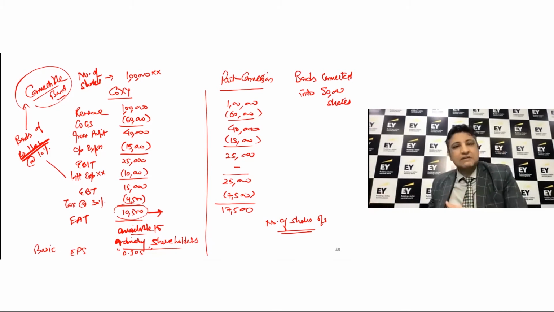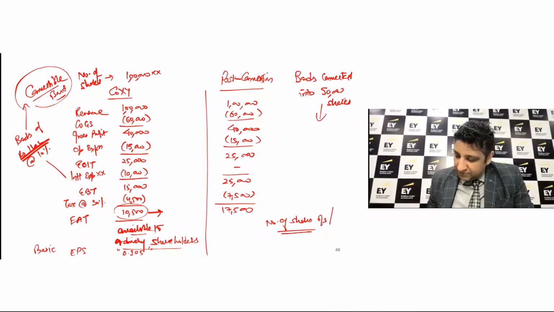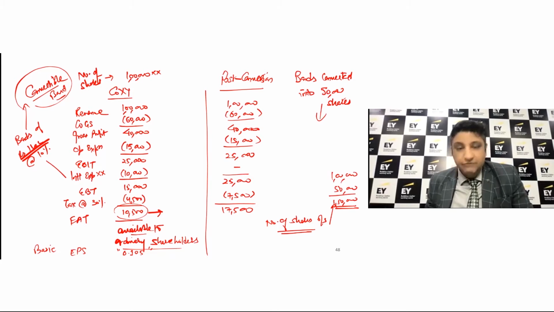The moment this conversion happens, my number of shares outstanding will be 1 lakh existing and 50,000 additional shares, which makes it 1,50,000 shares.